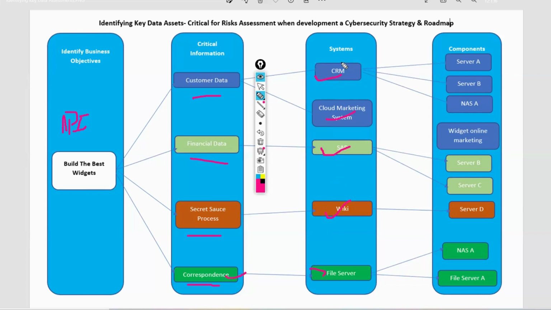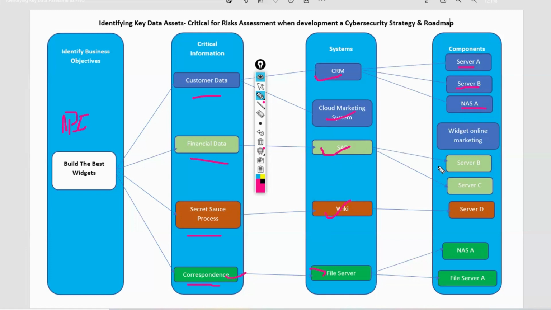So in this case, you recognize that your CRM resides on your server A. These are the components, and this could be a virtualized environment. It also resides on server B, and it is also distributed to your NAS.